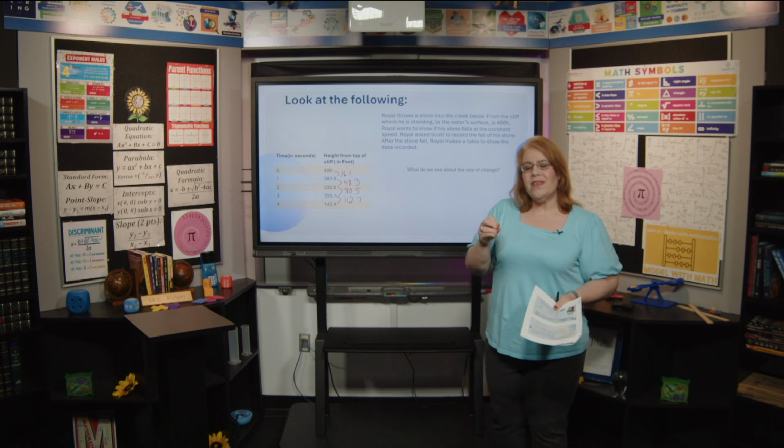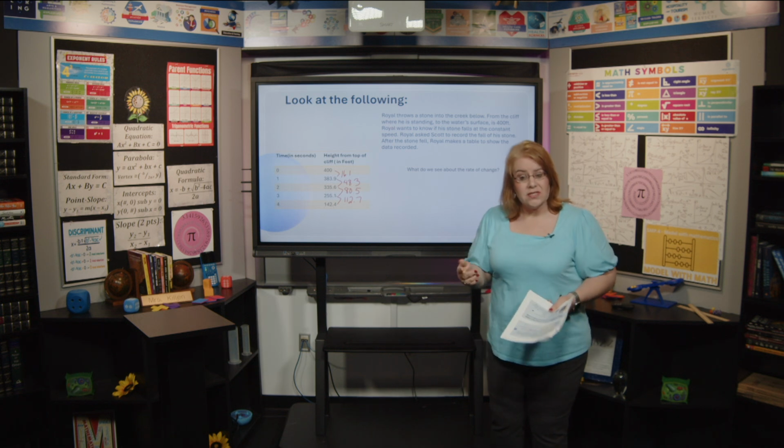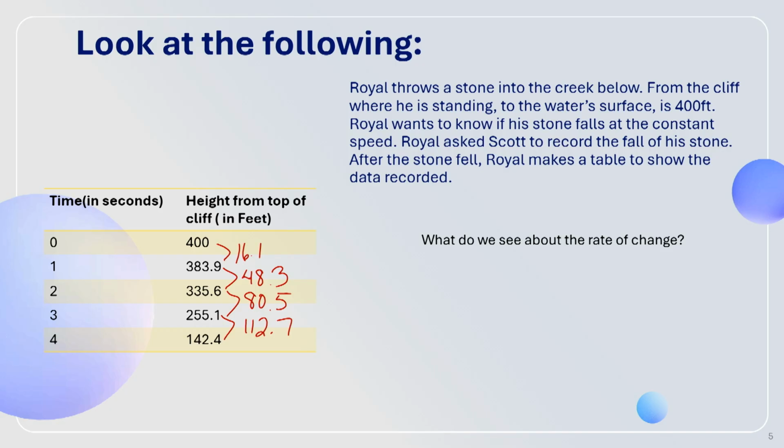But maybe there's a difference in the difference. Let's look. If I take 48.3 and subtract 16.1 from it, I get 32.2. If I take 80.5 and subtract 48.3 from it, I get 32.2.